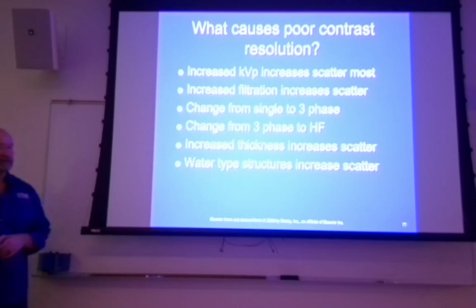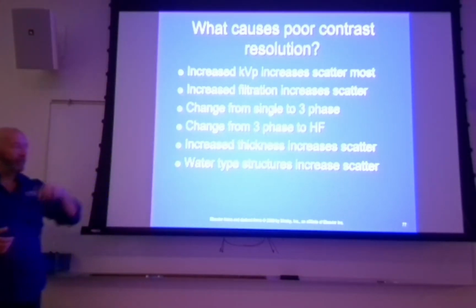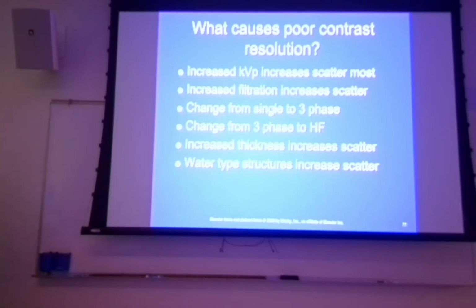Same thing from three phase to high frequency, only it's less dramatic. But really where we get it is increased thickness of the tissue type, or if we have water type structures, if the patient becomes edematous.